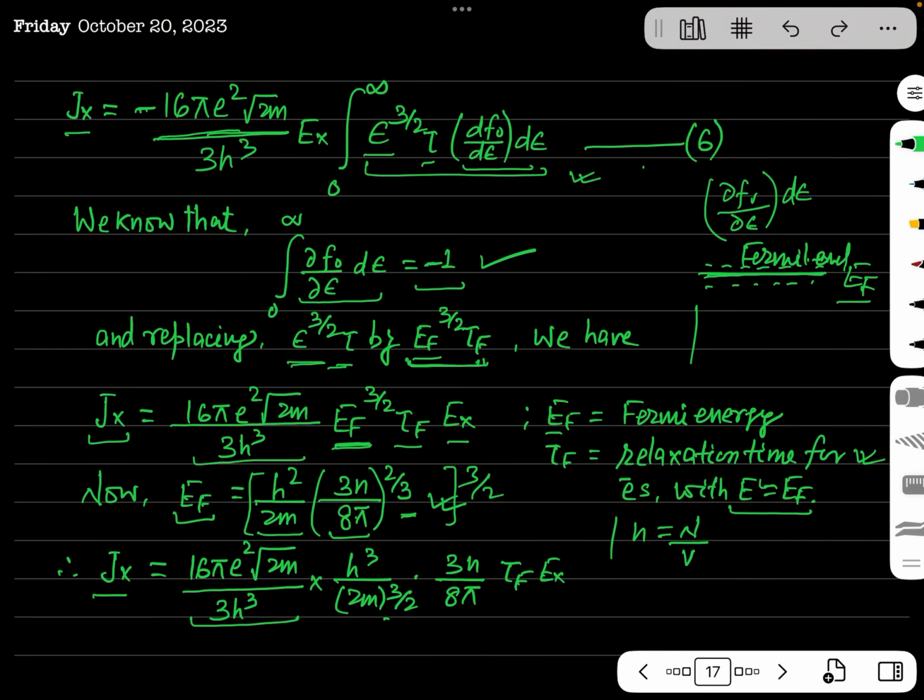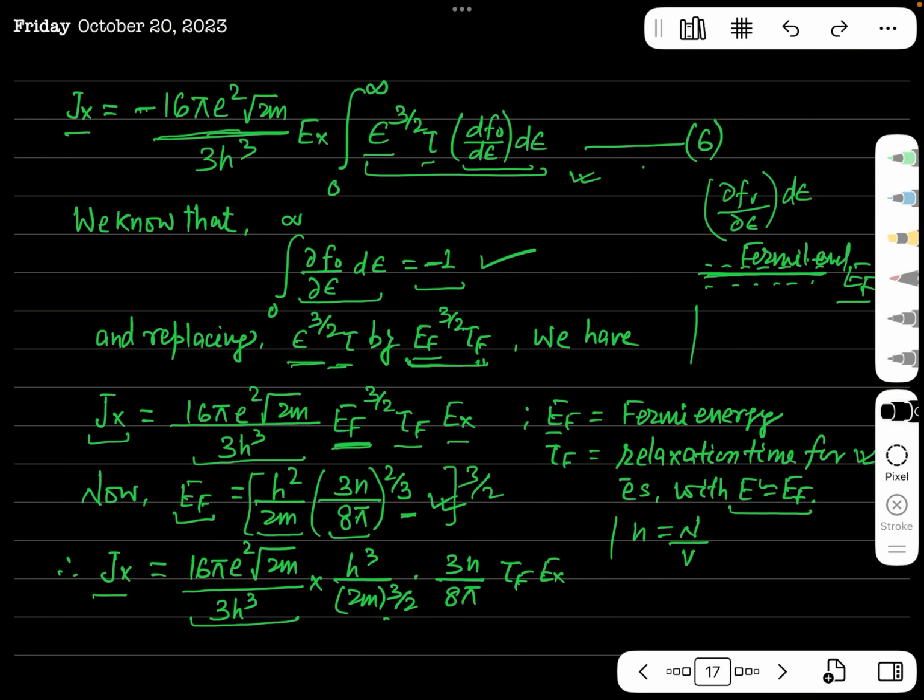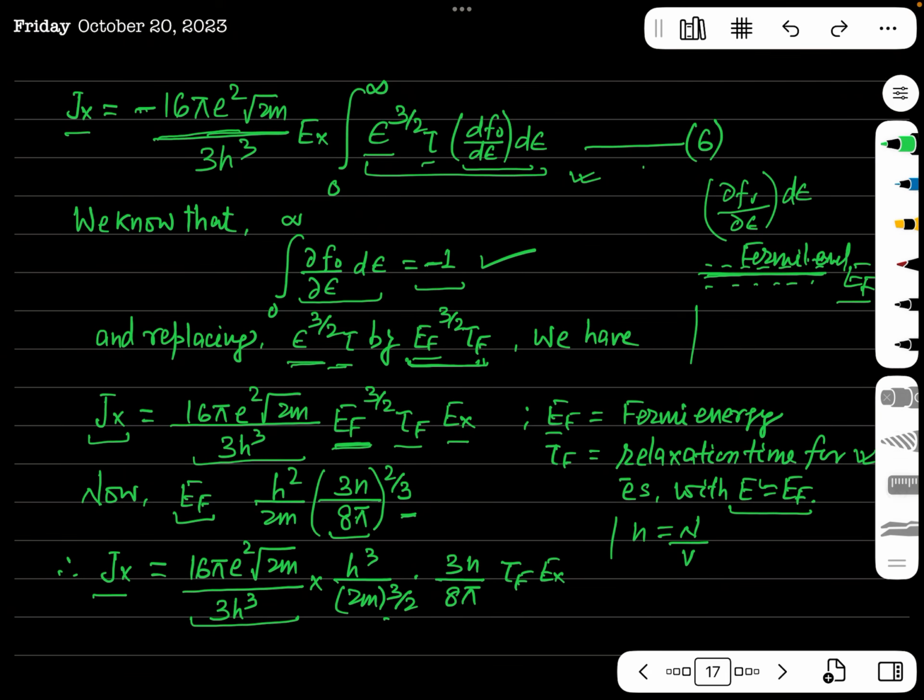Okay. So in this way, you can simplify it. So substituting this value of EF, our result is like this. Okay. Now simplify it. You can see this h cube and this h cube will cancel out. This 3 and 3 will also cancel out.